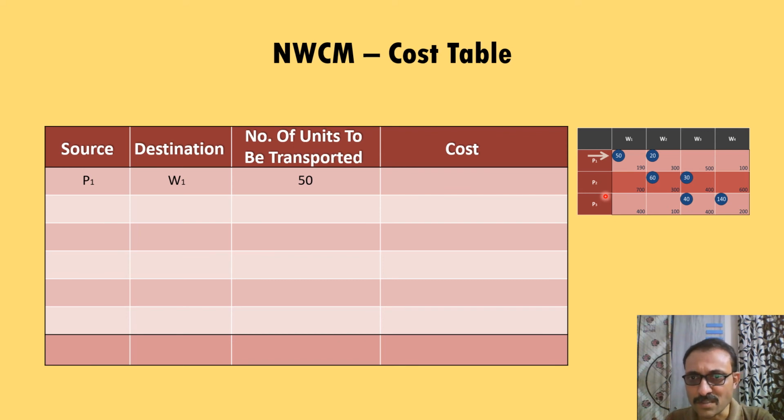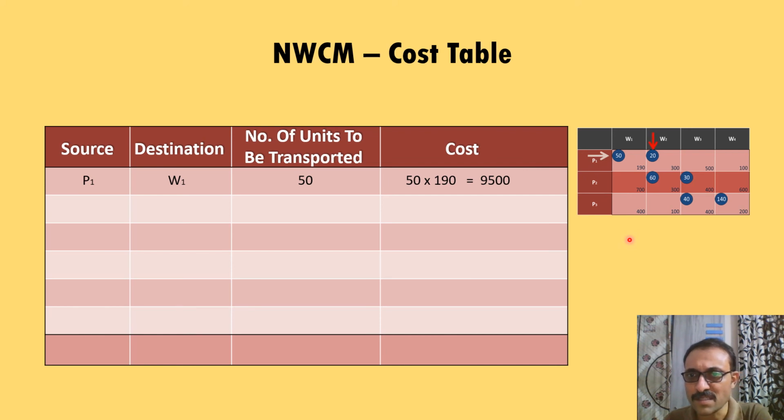And what was the total cost for this particular cell? 50 into 190. 190 was the cost per unit, and we have transported 50. So the total cost incurred for goods to be transported to this particular cell would be 50 into 190, which is 9,500.